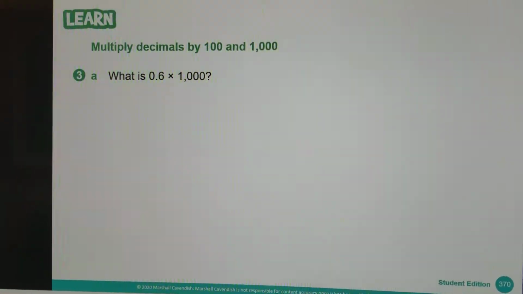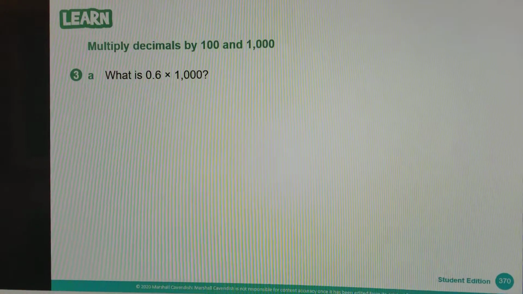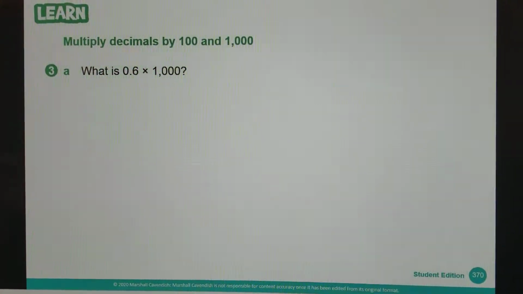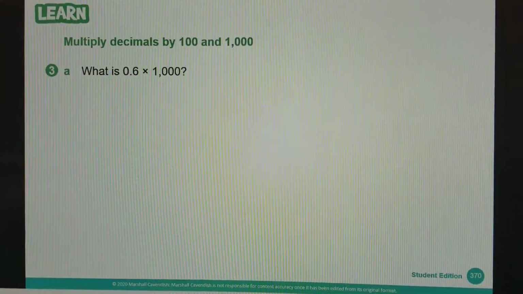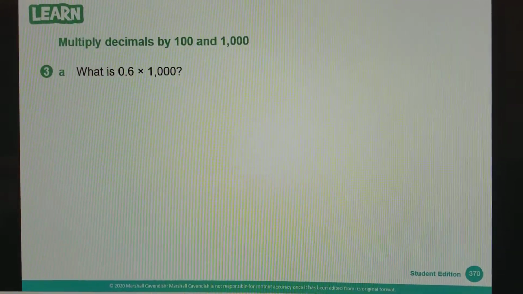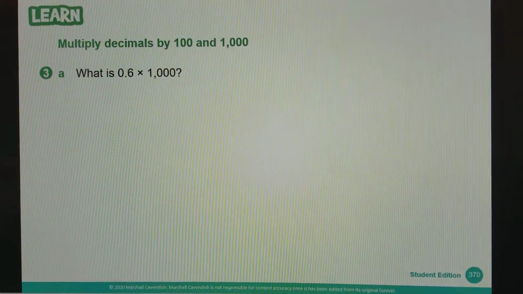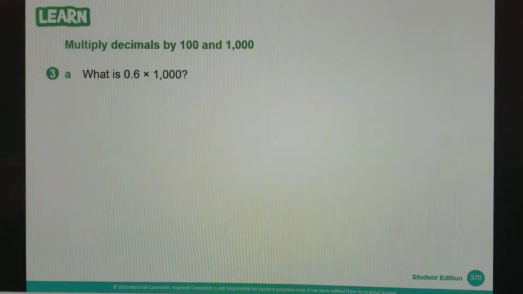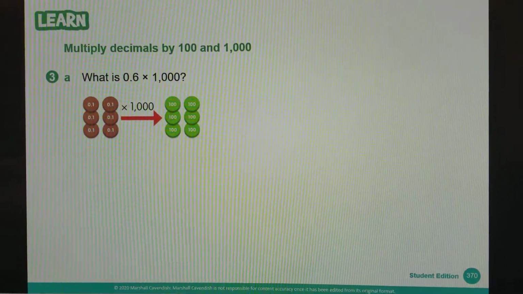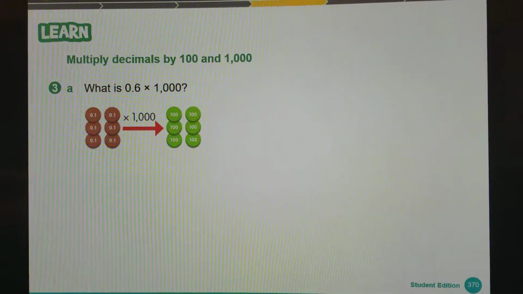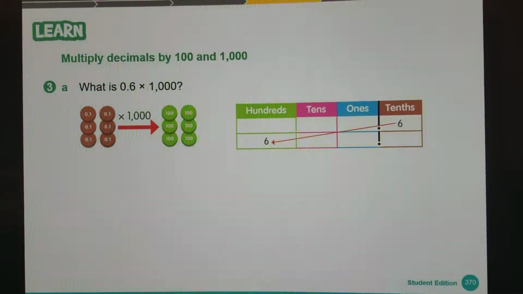Okay, so now we have times 1,000. So if you think for a second, 10 times 10 times 10 makes 1,000. If I have 10 times, it's 100. I have 100 10 times, it makes 1,000. So I have my 6 tenths times 10 times 10 times 10.